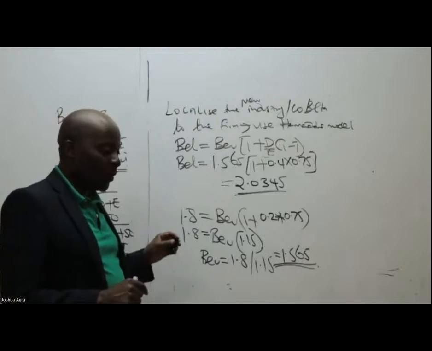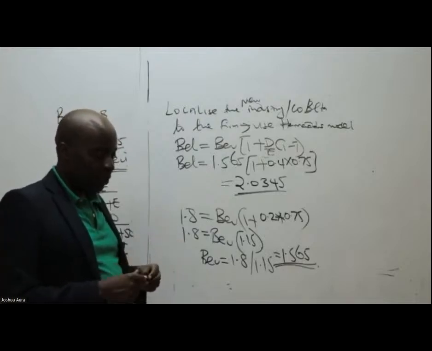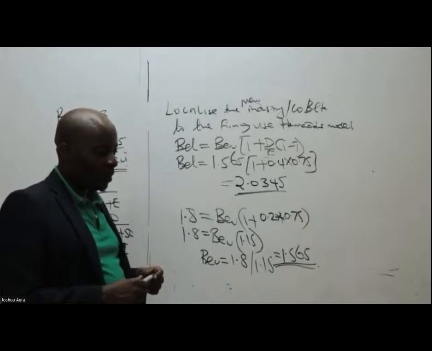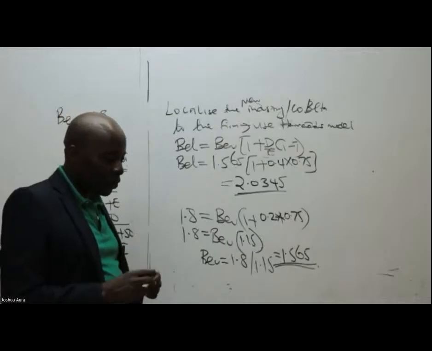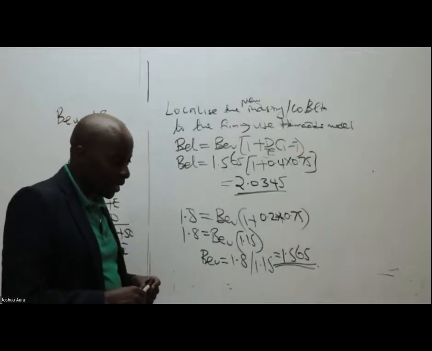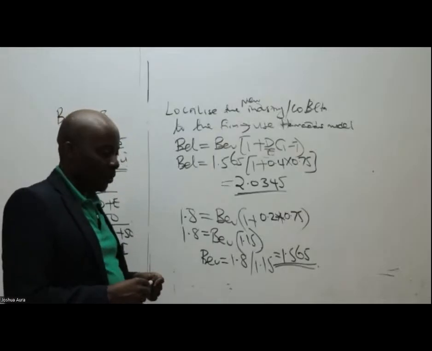Then what do you think will be the next thing to be done? Please talk to me. What do you think will be the next thing to be done? Thank you so much. KEL, is it KEL or KEU?